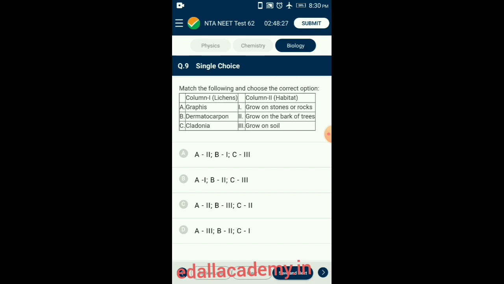Corticolous are the type that grow on bark of trees, example, Usnea, Parmelia. Terricolous are the type that grow on soil, example, Cladonia. Lignicolous are the type that grow on wood, example, Calicium. So the correctly matching option is option A.